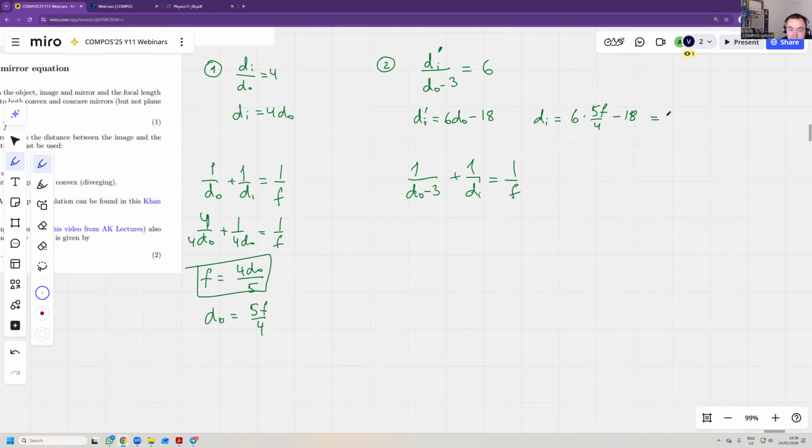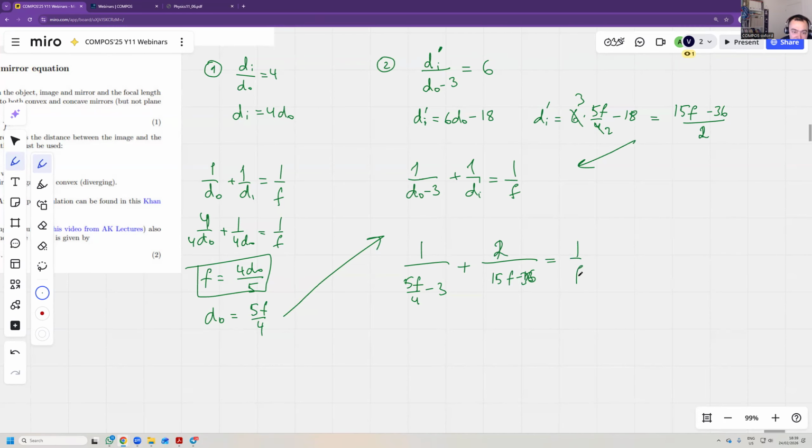So this is 15f minus 36 over 2. So we just need to plug this into here and plug this into here. So 1 over 5f over 4 minus 3 plus 1 over 15f minus 36 over 2 equals 1 over f.